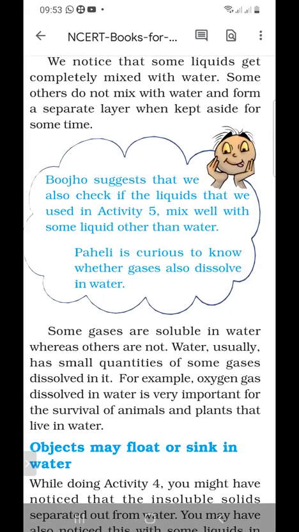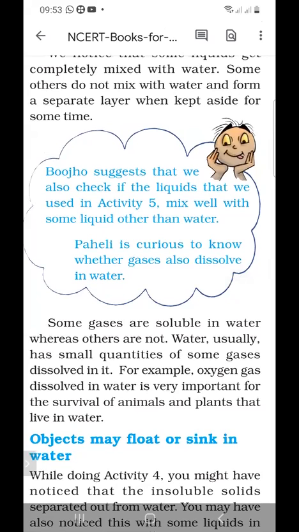But Haley is curious to know whether gases also dissolve in water. Haley wants to know that just like solids and liquids dissolve into the water, do gases also dissolve in the water? Some gases are soluble in water, whereas others are not.